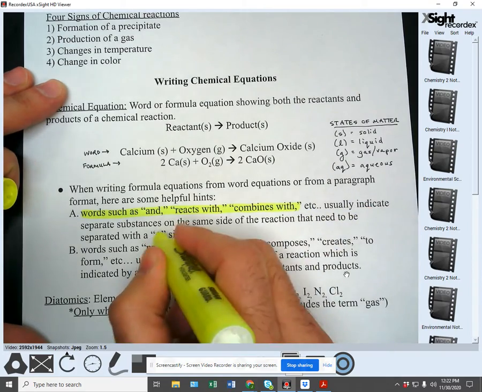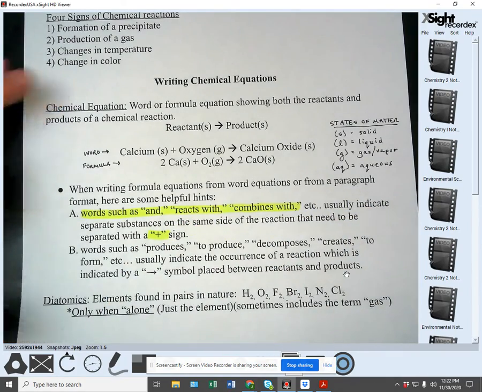They're on the same side of the equation, but you separate them with a plus sign.